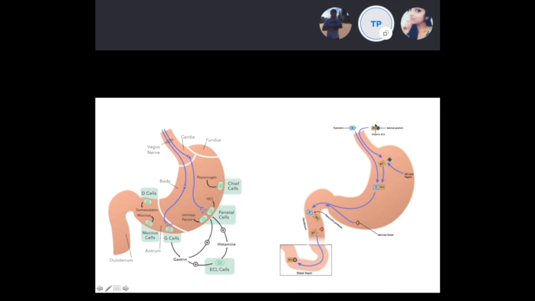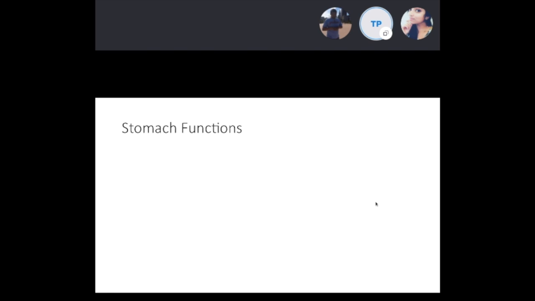So B12 comes from animal protein, pretty much what we're gaining from our intake of food, and then the R protein is secreted and will attach to B12 as the digestion process begins. Just a small minute detail to keep in mind if it ever comes up in a question.